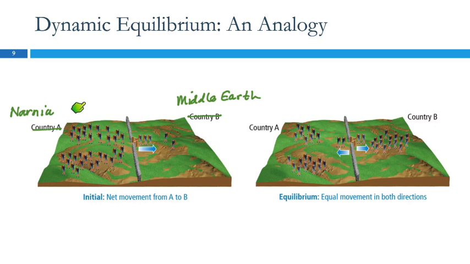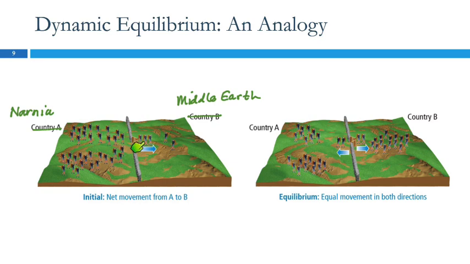So initially, there's a lot of people over here in Narnia, and there's not very many people over there. There's hardly any people here, so they're not going to move to Narnia, right? There's not very many of them to do it. Over here, we've got lots of people. Now, a lot of them are going to stay here, but some of them are going to move to the other side, right?